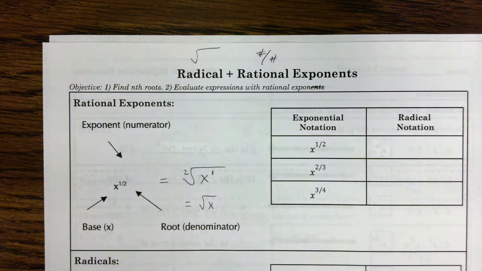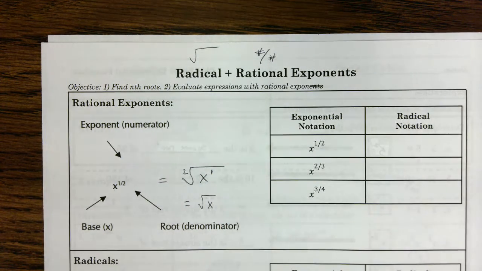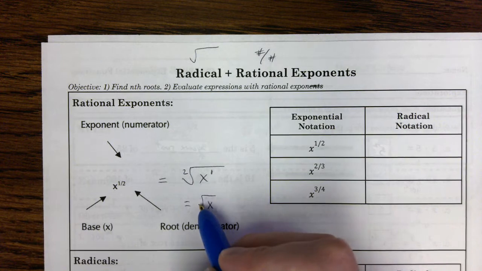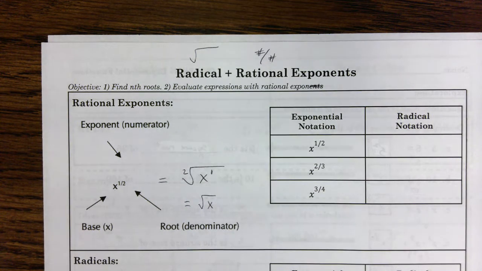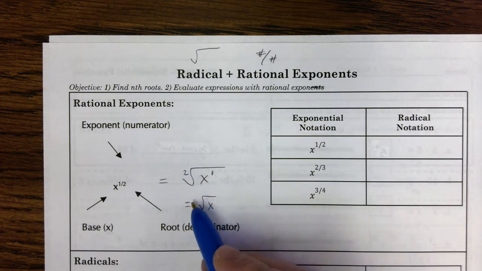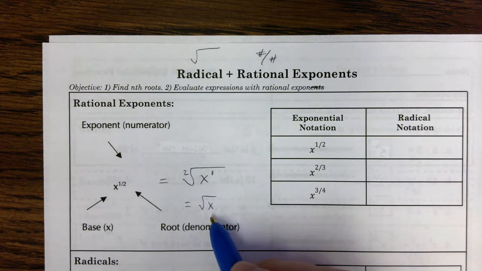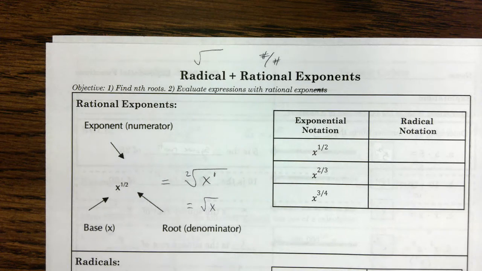We already know that raising to a 1 is trivial, so we don't write that. We also do not need to write the 2, because as I read just this, it is the square root. We understand that square is a 2. There's an implied 2 here because it is the square root.